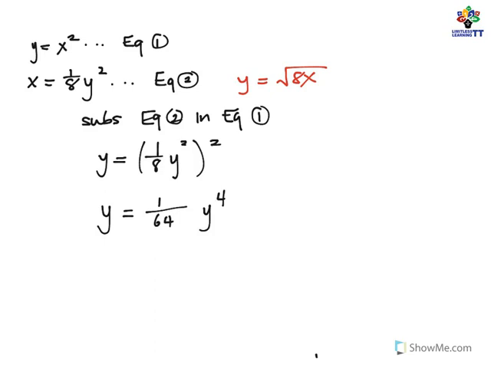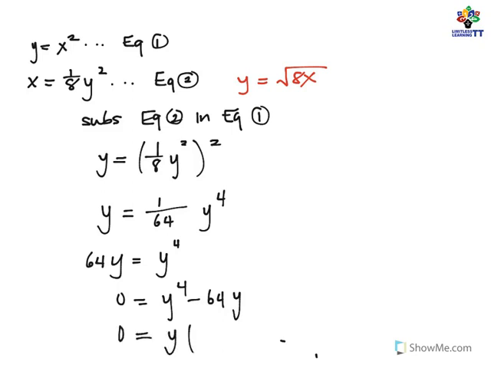Right? Next, I'm going to multiply both sides by 64 to get rid of that denominator. So I have 64y is equal to y to the power of 4, and then I'm going to carry everything to one side. So y to the power of 4 minus 64y is equal to 0. And again, I can break this into factors, pulling out what is common, which is y, and I'll be left with y cubed minus 64.